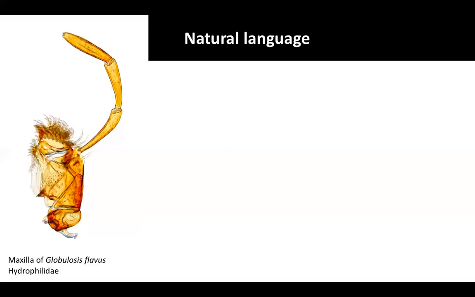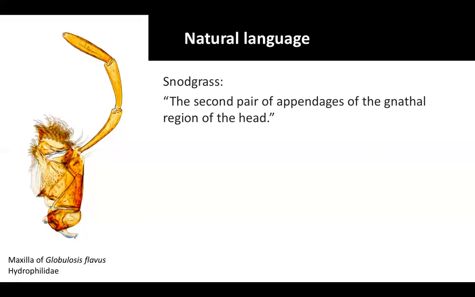Part of the annotation process involves taking our natural language definitions and using semantic annotations by defining terms and relationships. Here, for example, we have a maxilla, which according to Snodgrass is defined as the second pair of appendages of the gnathal region of the head.